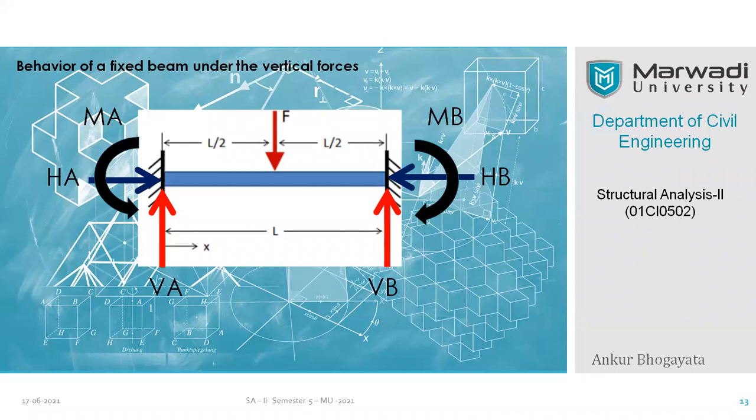FEMA, FEMB, or you can use FEMAB and FEMBA, where the joint comes first as a suffix. So end A will be FEMAB, and from point B it will be FEMBA. Whatever symbol you want to use, you can definitely use it: fixed end moment at A and fixed end moment at B, right?